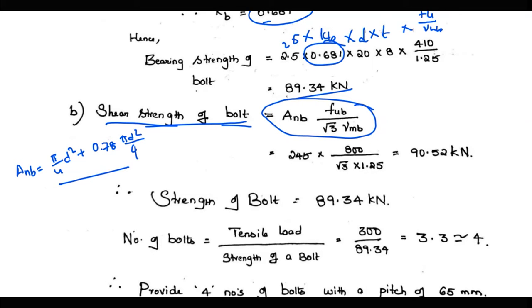This is the double shear case, but in the single shear case, this is the area that is to be considered, 0.78 pi d square by 4. So you get pi into 20 square by 4, you will get some value, and on substituting those values you get 90.52 kilonewton as the strength of the bolt in shear. And the least of those two values is taken to be the strength of the bolt. So the strength of the bolt in bearing is the least value, so take it as 89.34 kilonewton.